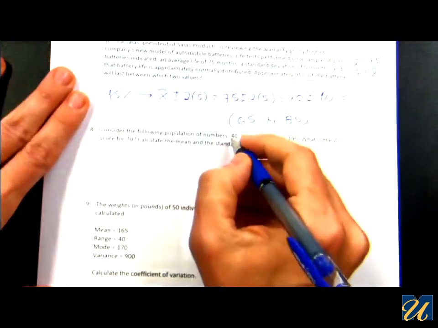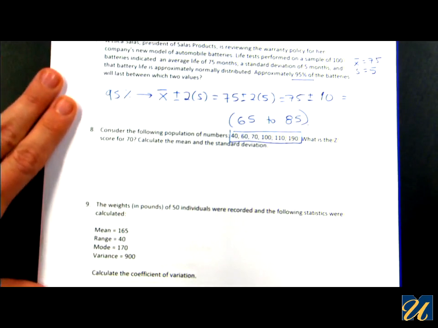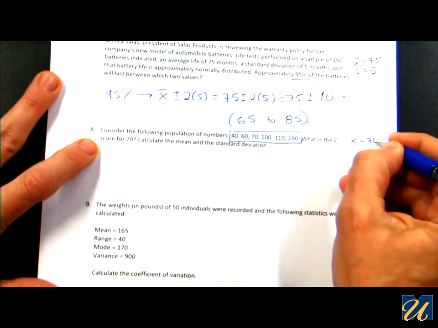Consider the following population of numbers. We have 40, 60, 70, 100, 110, and 190. I want to find the z-score for 70. So for x equal to 70, calculate the mean and the standard deviation. In order to find the z-score, we first need to calculate the standard deviation.